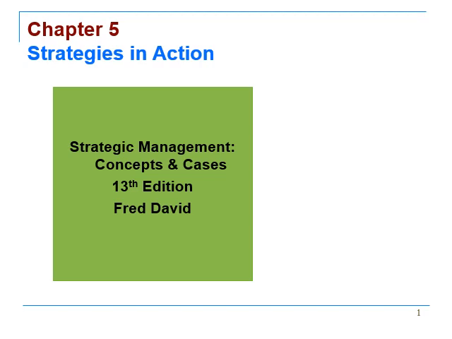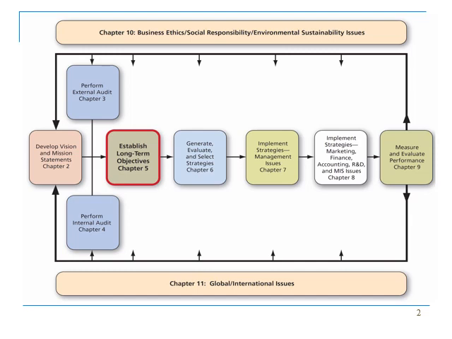So let's see further detail about the strategic management process, where we are at this moment according to the chapter. This is the strategic management process which we started in the early semester.